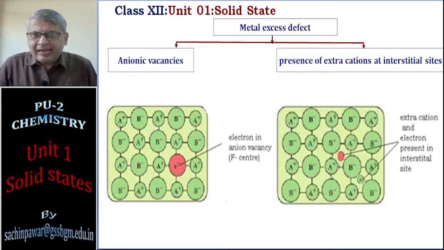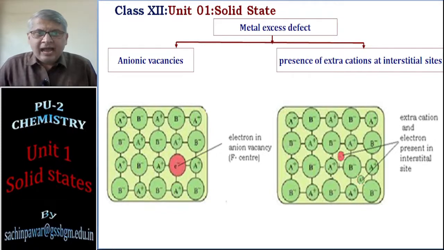It means some anion vacancies are there. Here you see this red circle: the anion is missing from its lattice point and it is occupied by an electron. So this is an anion vacancy.